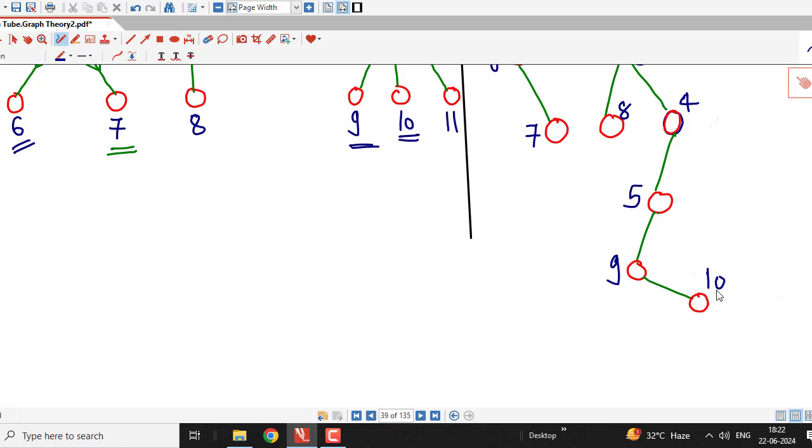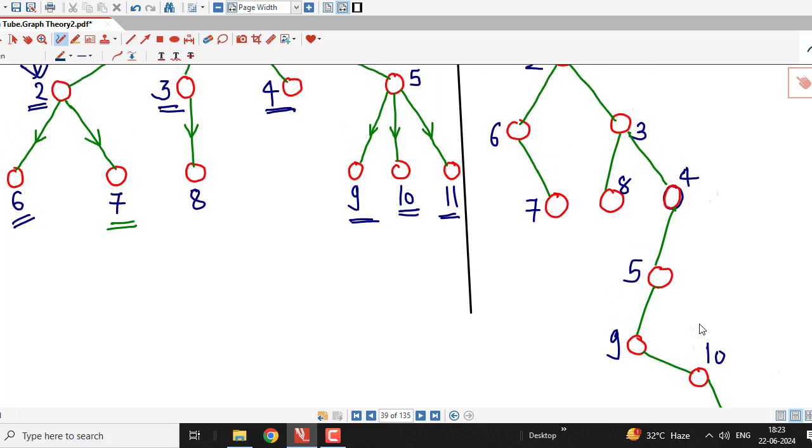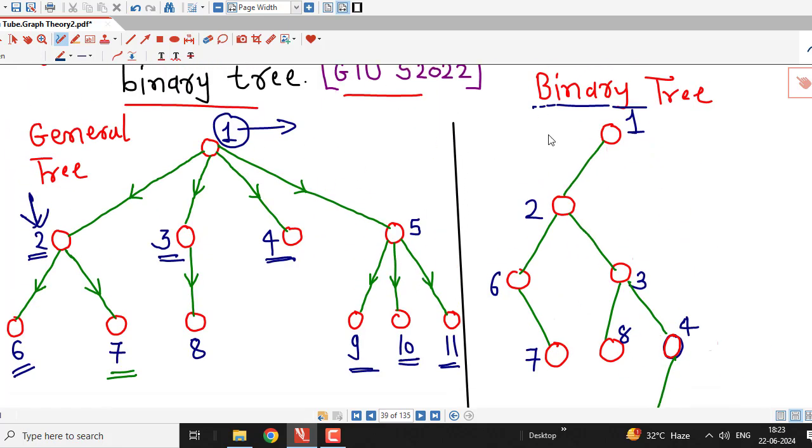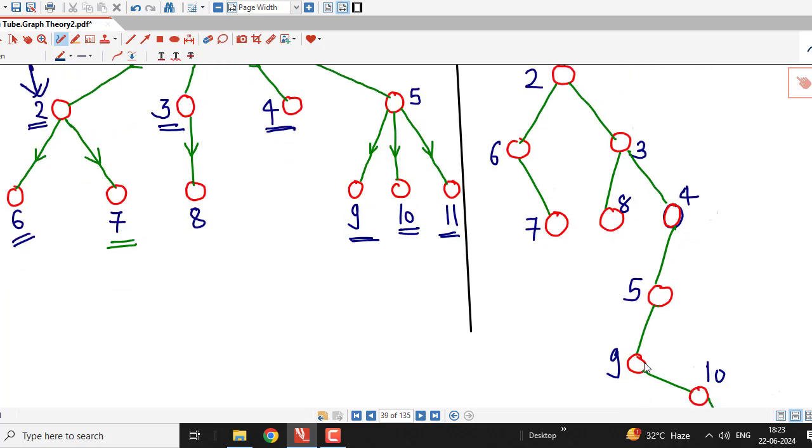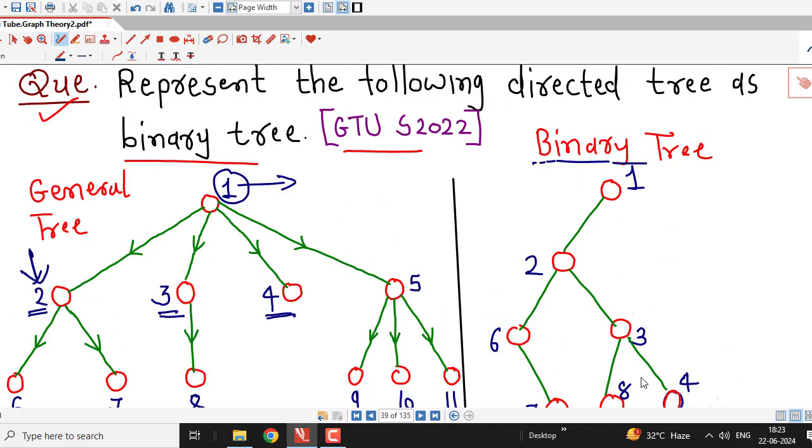And right child of 10 in binary tree is right sibling of 10 in general tree, which is 11. So now I have to join 10 with 11. So here I am writing 11. Now 11 has no child in general tree, as well as 11 has no siblings in general tree, therefore we stop here, and we can see that we have all the vertices 1 2 3 4 5 6 7 8 9 10 and 11 in our binary tree.